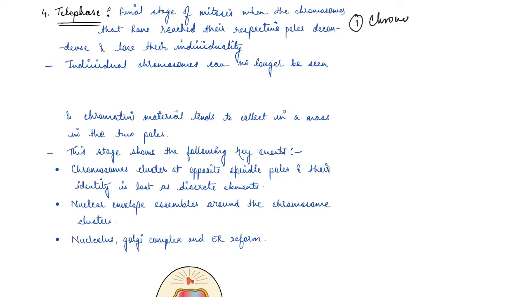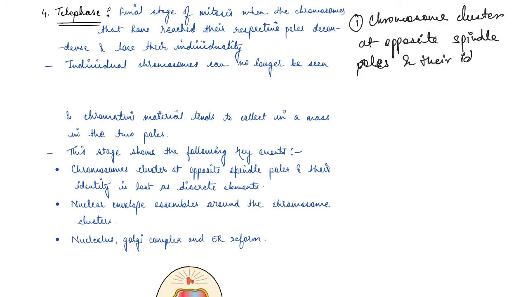These chromosomes cluster at opposite spindle poles, and now their identity as discrete elements is lost. So this is the first.